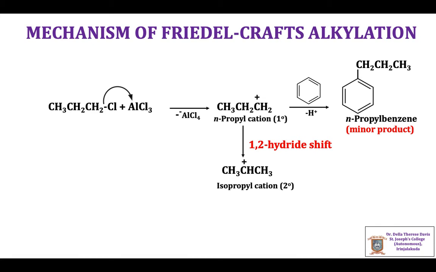So CH3CH2CH2 plus, which is a primary cation, undergoes a 1,2 hydride shift. That is, the hydrogen of the second carbon will shift towards the first carbon, and we get a secondary carbocation which is much more stable than the primary carbocation.